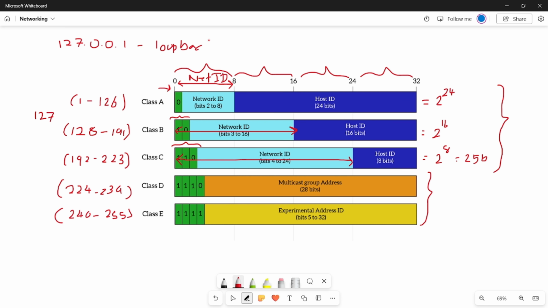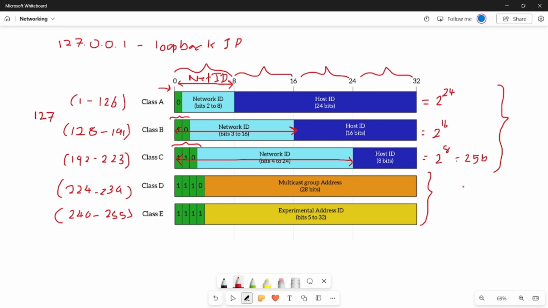This is basically used for testing the system. So these are the main components that we have to know when looking at IP classes, and it is very important to identify the classes of these IP addresses.